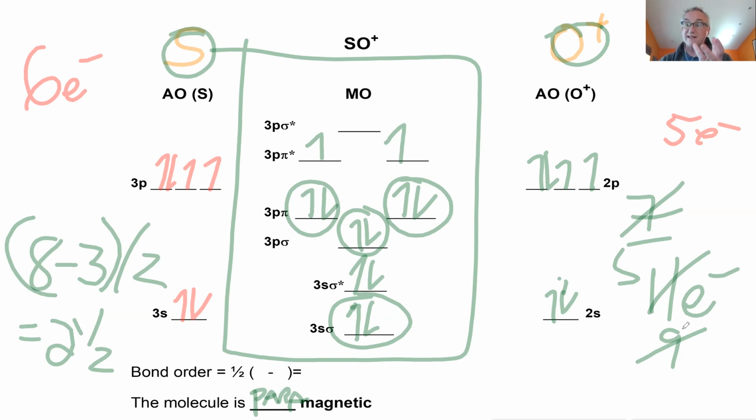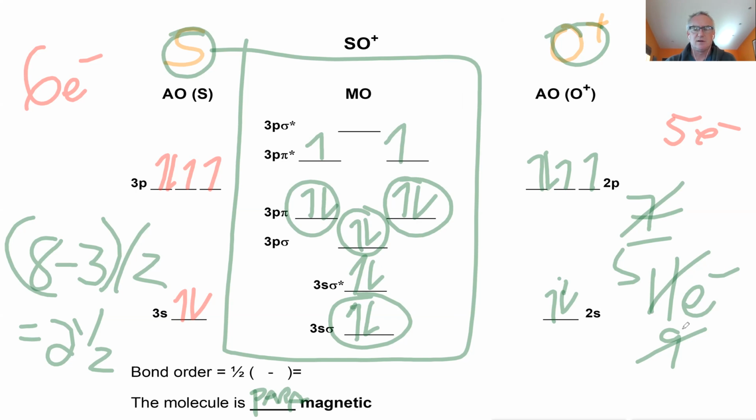Also, what does it do to the bond order now that I've added another electron? It decreases it. Yeah, it does. Why does it do that?